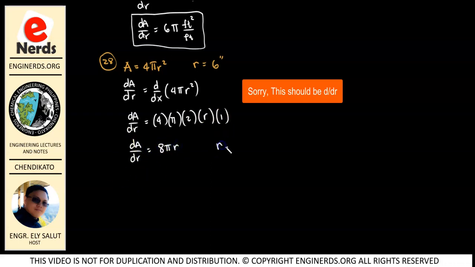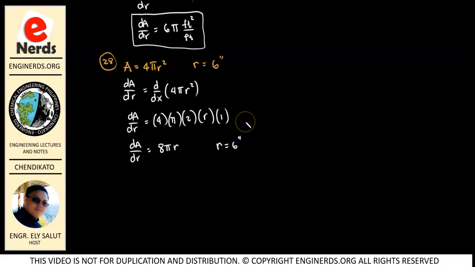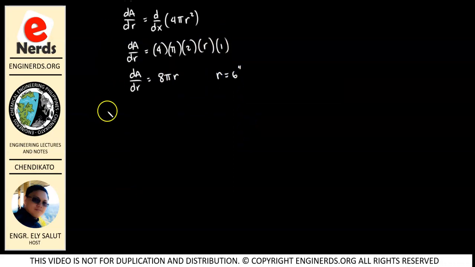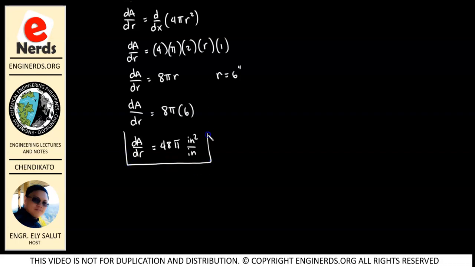But our r is equal to 6 inches. So, let us substitute that. We will have here dA over dr is equal to 8 pi times 6. So, dA over dr is equal to 48 pi inches squared over inches. And this is our final answer.